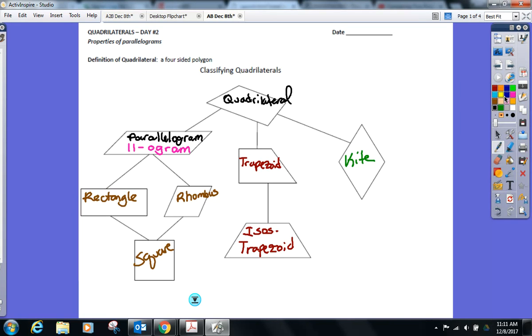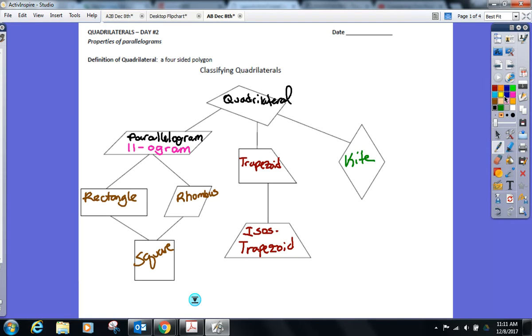Any vertex you can call A. But now you either have to go clockwise or counterclockwise to finish the labeling. You cannot jump diagonally on a quadrilateral when you label it, because that will throw off where the diagonals are and everything. It's up to you, but do not jump diagonally, please.